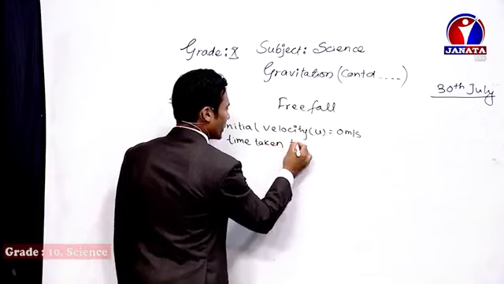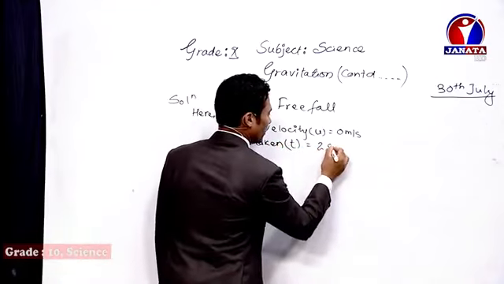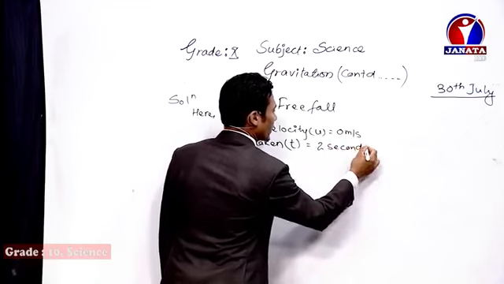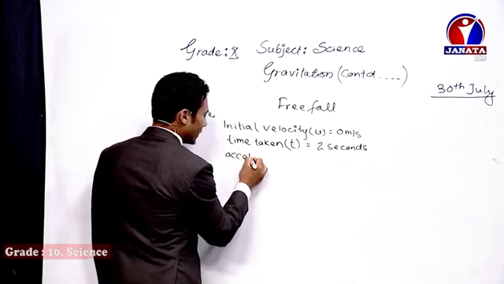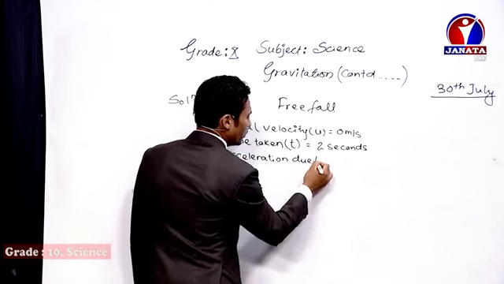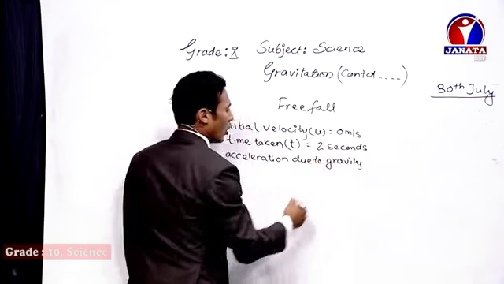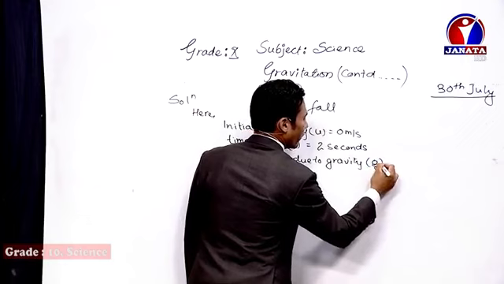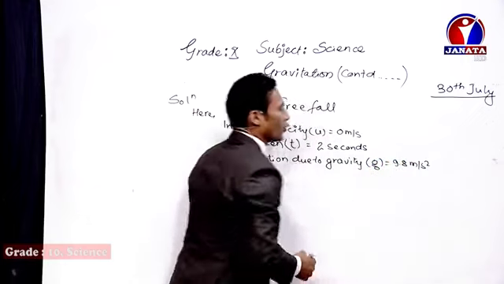So time taken is t, and the time is given over there, 2 seconds. And acceleration due to gravity, symbol is small g, and the value is 9.8 meter per second square, right?